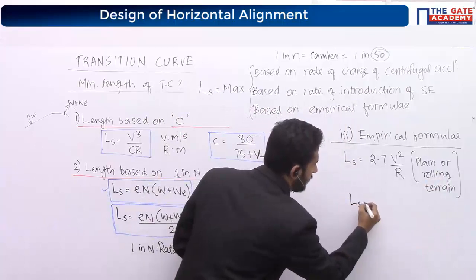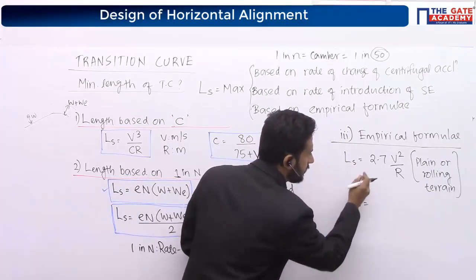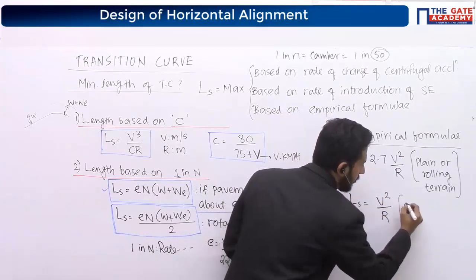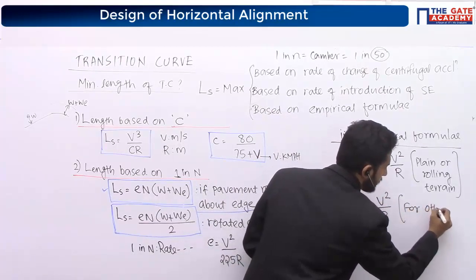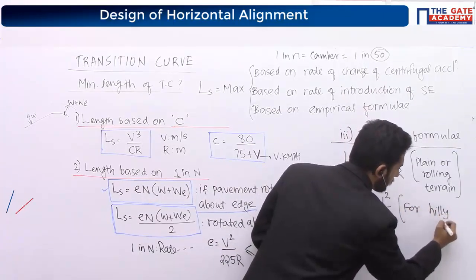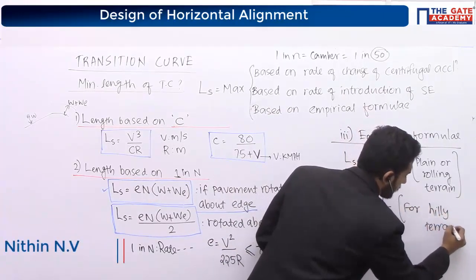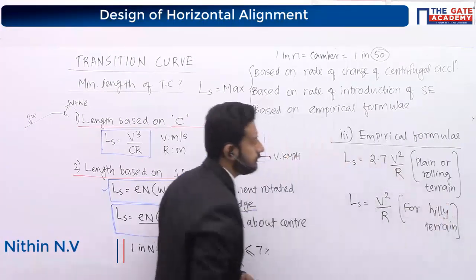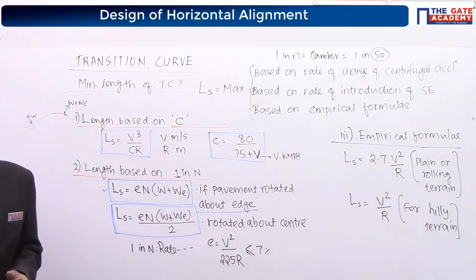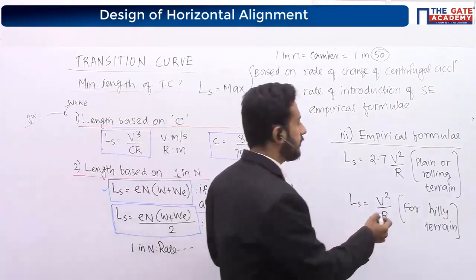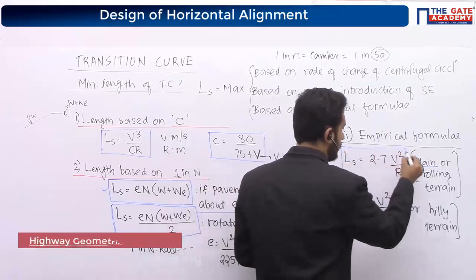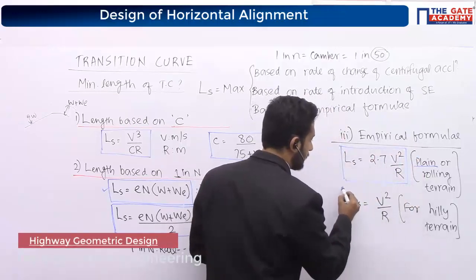And Ls is equal to, simply this coefficient is going to be 1, V²/R for other terrains, which means for hilly. By default, if they are not giving you anything, we are going to assume that it is a plain terrain. So our equation will be 2.7 V²/R.